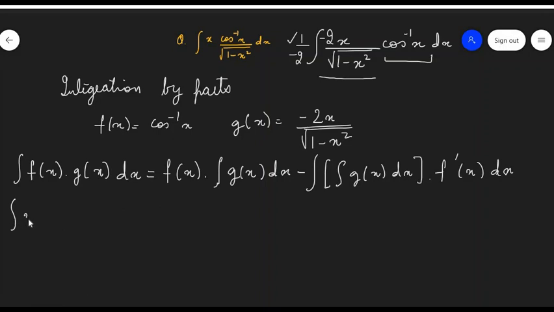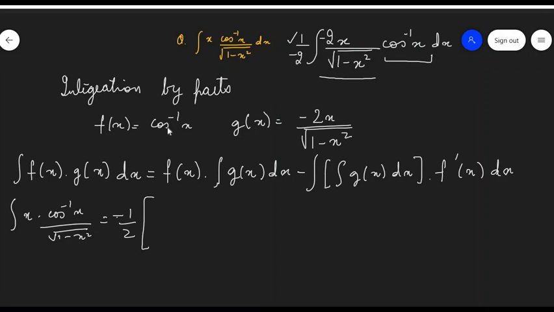I get x into cos inverse x upon square root of 1 minus x square as, so this term will come outside, so I can write this as minus 1 by 2 and then integrate the rest.